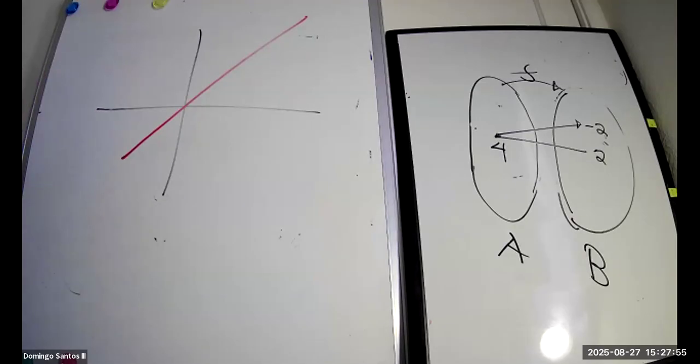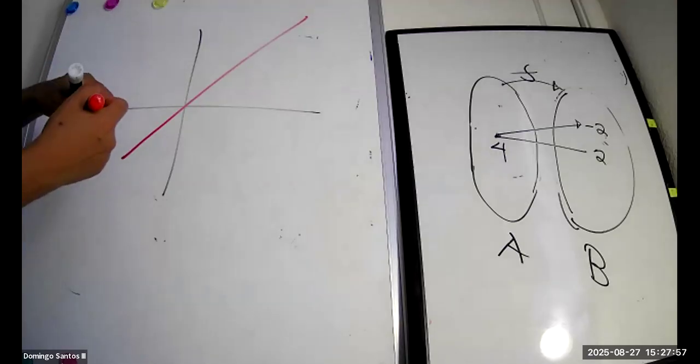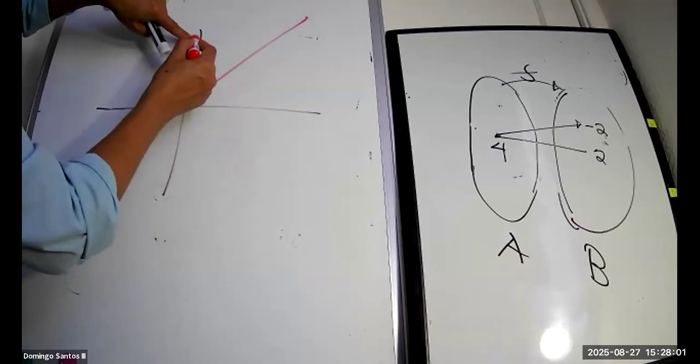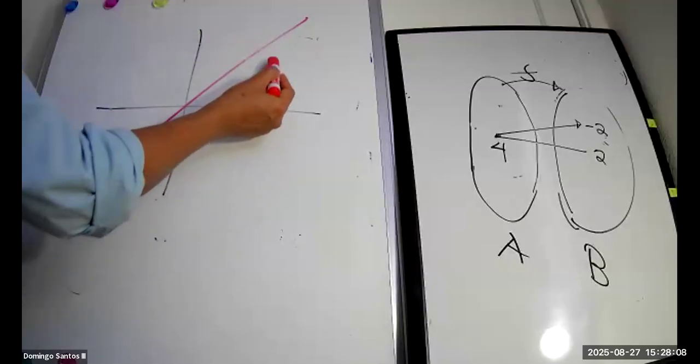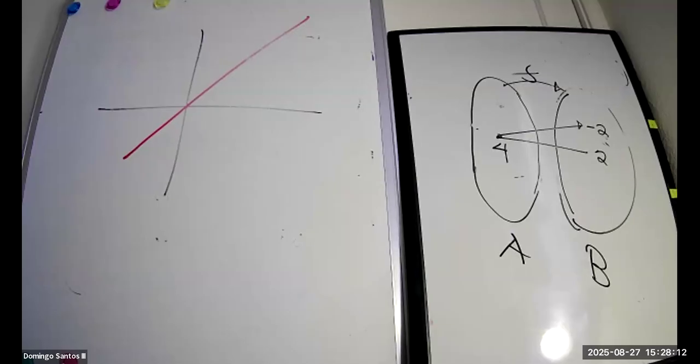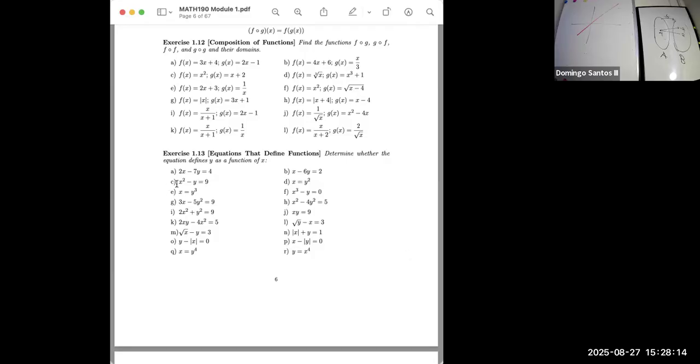Now, for every value of Y, there's only one X, right? Or for every value of X, there's only one Y, vice versa, right? Correct, for any line. Now let's look at the next one. Letter C. What is that graph?